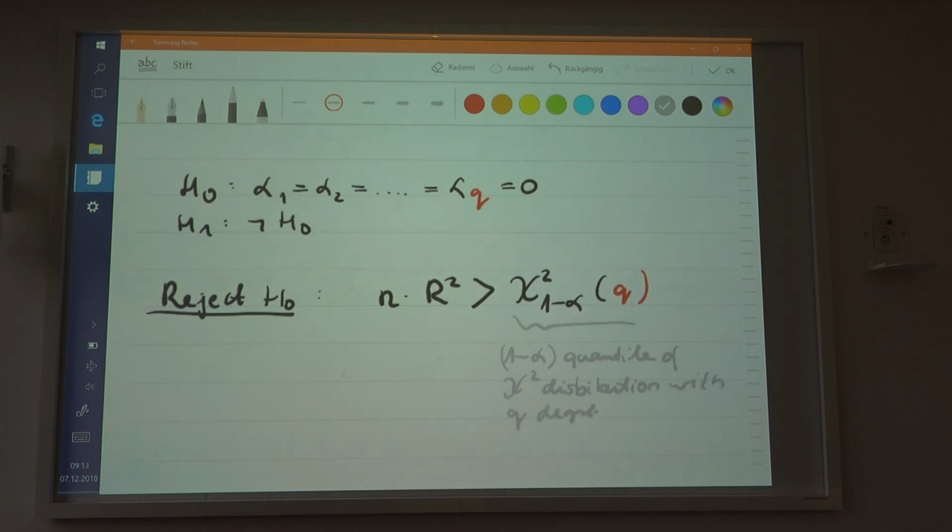This is analogous to the previous section, where we had m degrees of freedom, that is, the lag order of the autocorrelation.